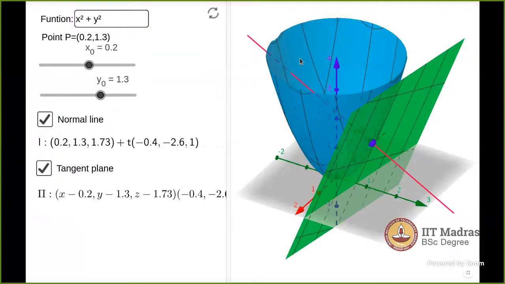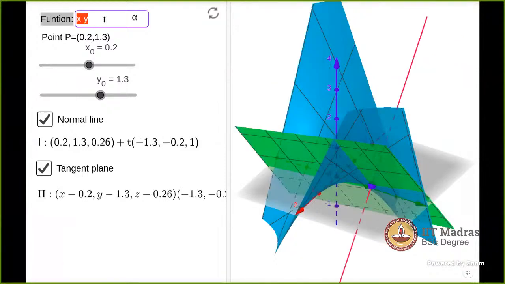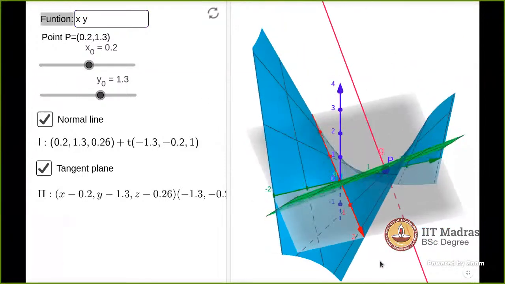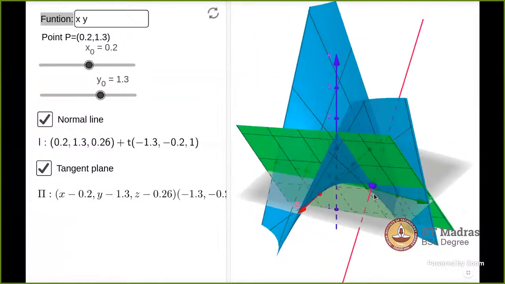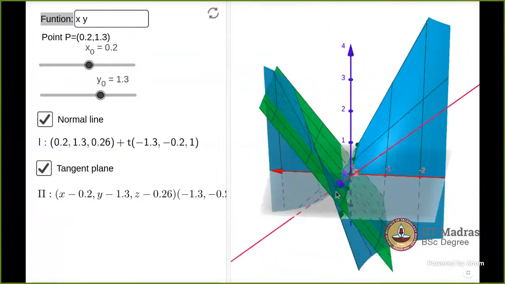Now here you can change. When I send you this link, you can change your functions here. You can take different functions if you need. Suppose this is your xy function. For different functions, you will get your visualization. You can play around with it.